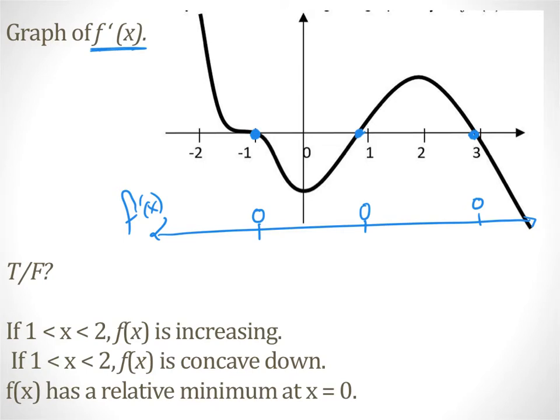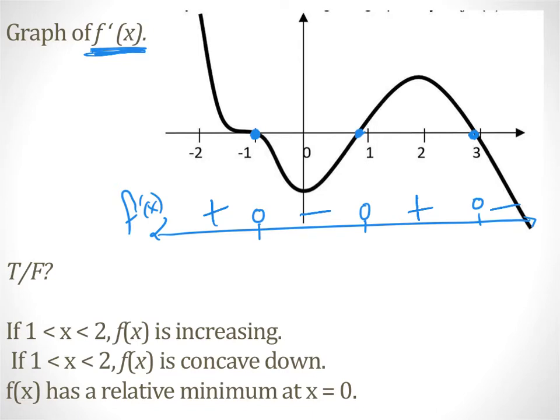The derivative values, here they're positive, here they're negative below the axis, here they're positive above the axis, here they're negative below the axis. Again, the function is the derivative, so the derivative is positive here, it is negative here in this interval, it is positive here and negative here.